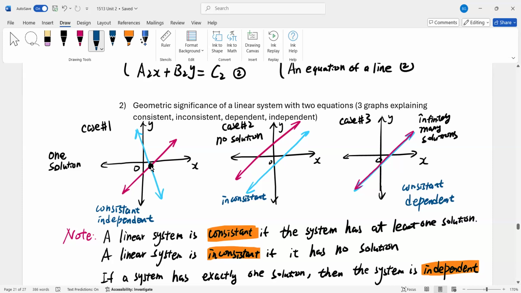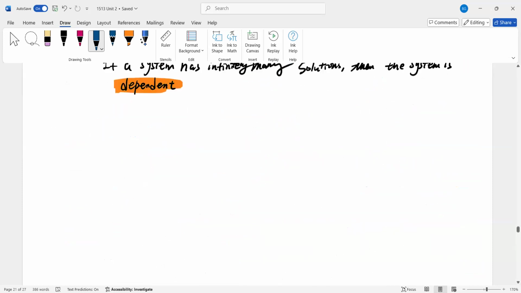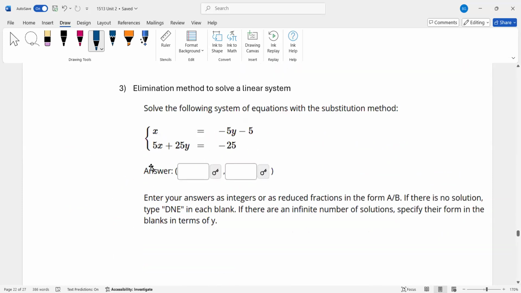We use algebraic methods. Which algebraic methods? We're going to learn 2 methods to solve a linear system.